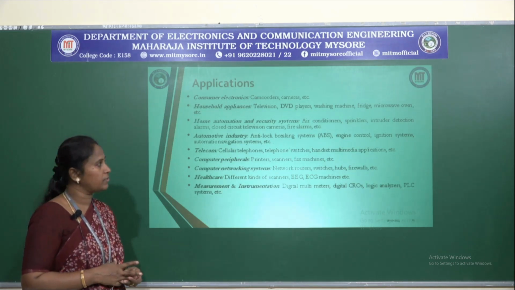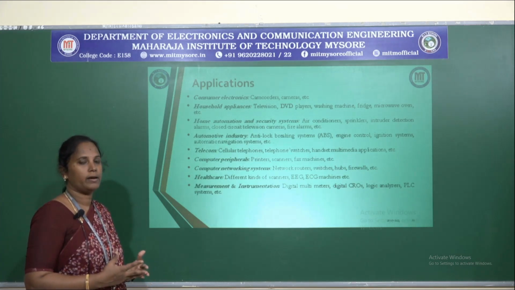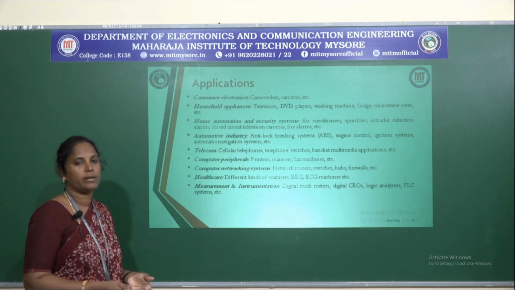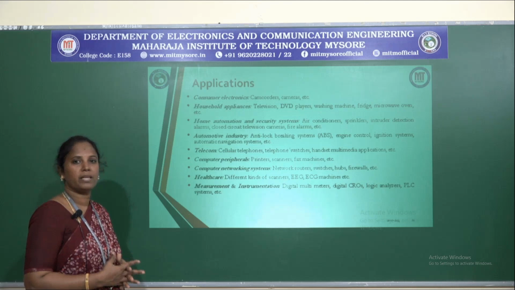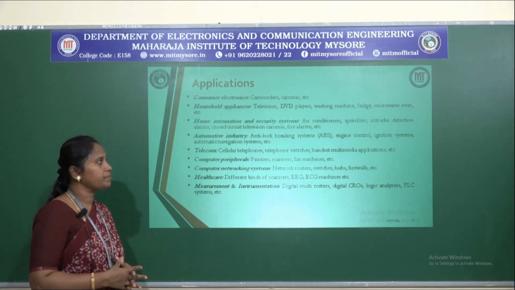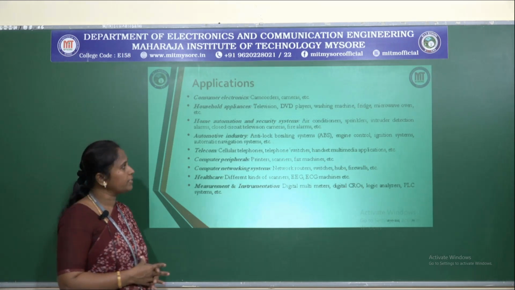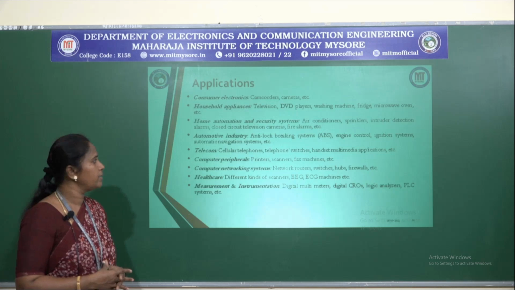Then the automotive industry. The cars which are now manufactured are fully automated, like we have the ABS system, that is the anti-lock braking system, as well as the ignition system. So we have different types of systems which are now developed with modern cars.